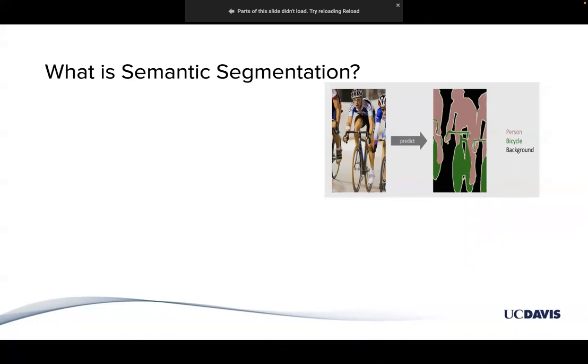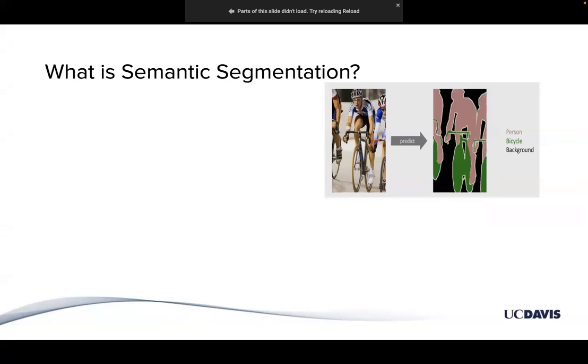One important thing to note is that we are not separating instances of the same class. The pixel here belongs to one person, and the pixel here belongs to a different person, but we are not trying to differentiate between the two persons, because this pixel and this pixel belong to the same class, a person. So here we only care about the category of each pixel.